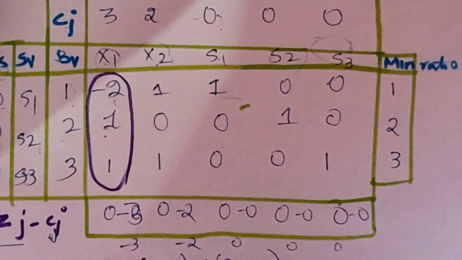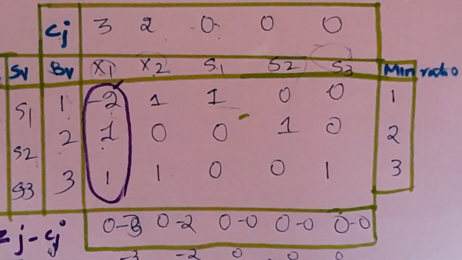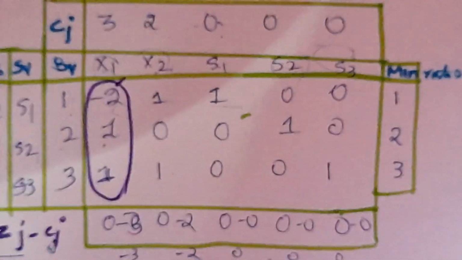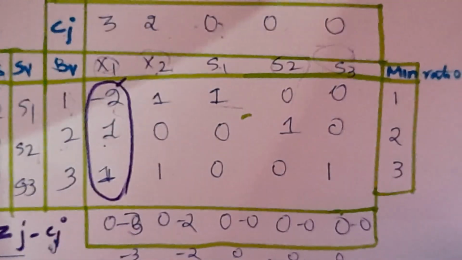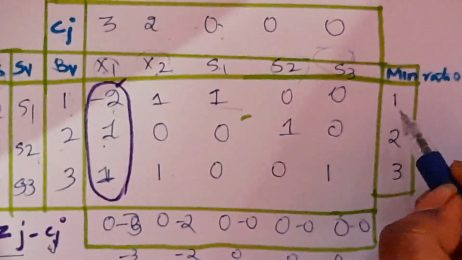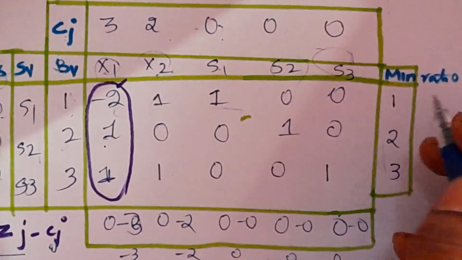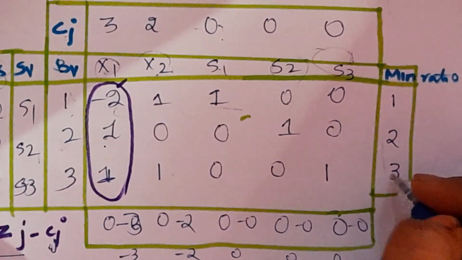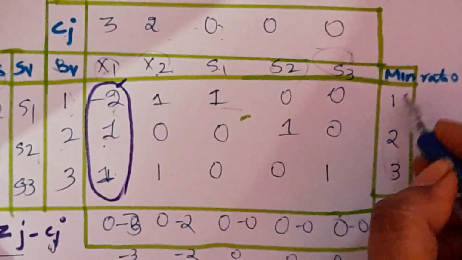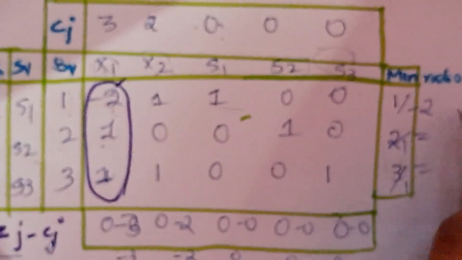So we mark this as the key column. Next, we divide the constants by the key column elements to get the minimum ratio values. Minus 2 by 1, 1 by 1, and so on.